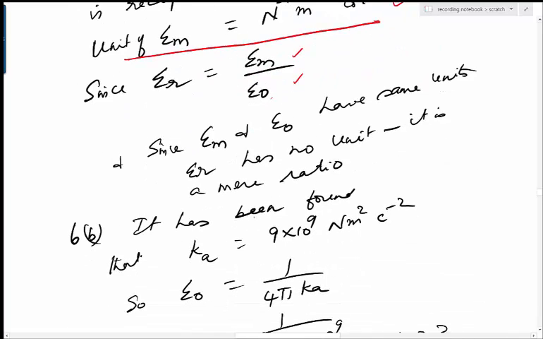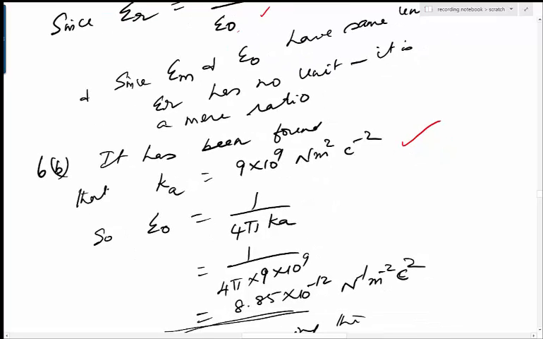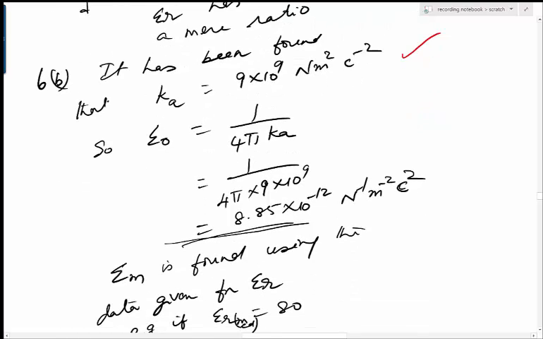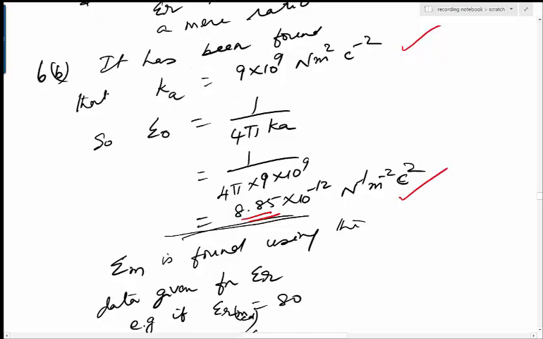Next, it has been found that Ka for air, the electrostatic constant, is 9 into 10 power 9 Newton meter square per Coulomb square. So if you calculate epsilon naught in terms of this Ka, epsilon naught will be 1 by 4 pi into Ka, which will be 1 by 4 pi into 9 into 10 power 9. If you calculate this, you will get 8.85 into 10 power minus 12 Newton power minus 1 meter power minus 2 Coulomb square.